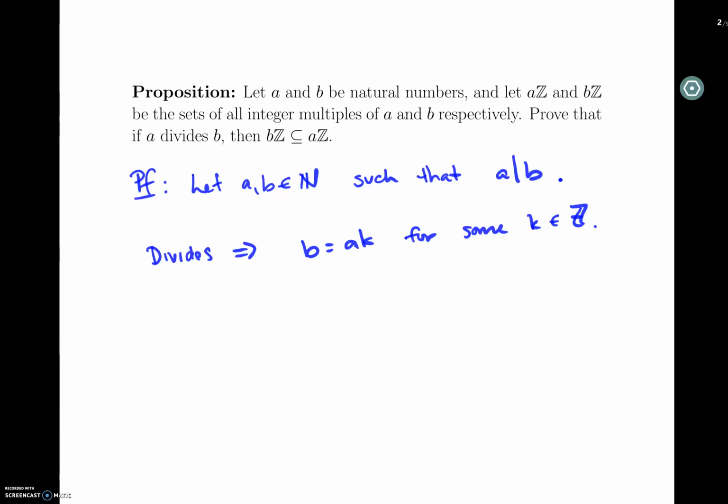Now, the key part of our proof, to show that something is a subset, is we're going to choose an element in this first set. So we're going to choose x to be an element of bZ.